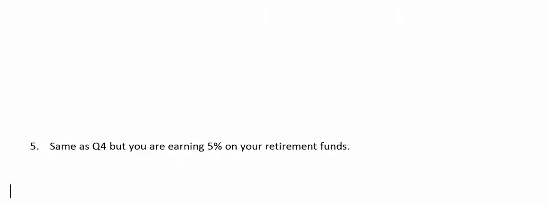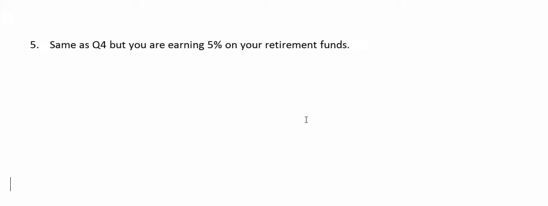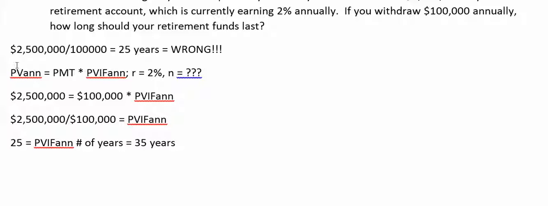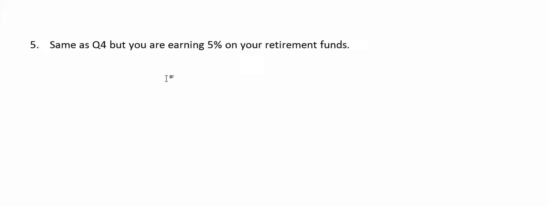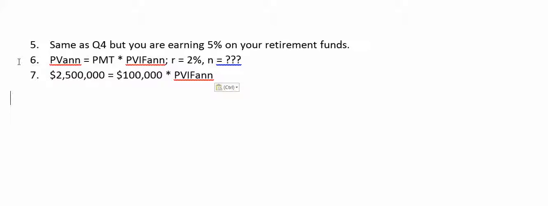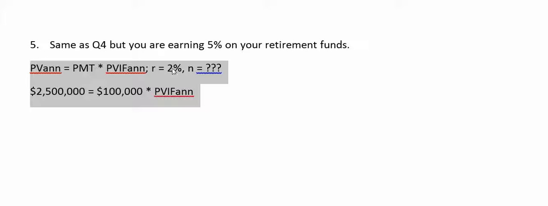Now this next one is a little tricky, and I did it on purpose. I want us to rework this problem. I'm going to go ahead and copy both of these. But instead of earning only 2%, I want us to earn 5%.